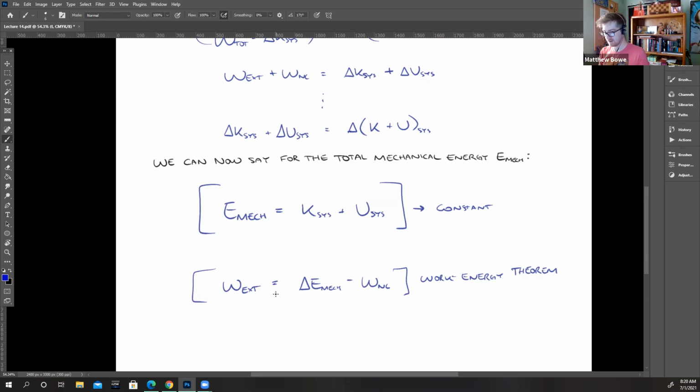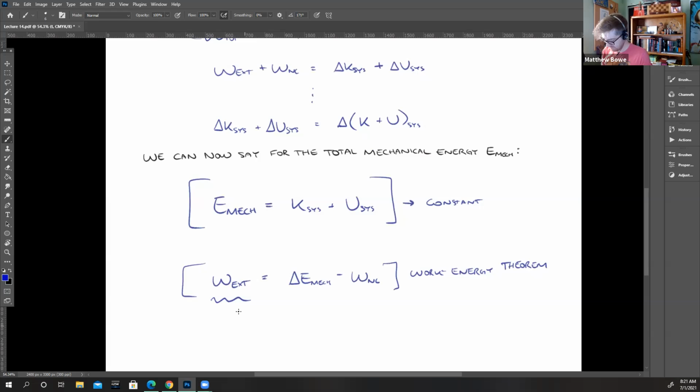And what it's saying is that external work is just how much energy did I have originally minus what type of work did that force supply. So projectile through the air. So I already have so much energy I offered to this projectile. And then it's minus the air resistance. And that will be the external work done. We'll kind of see how this is used in the upcoming examples.